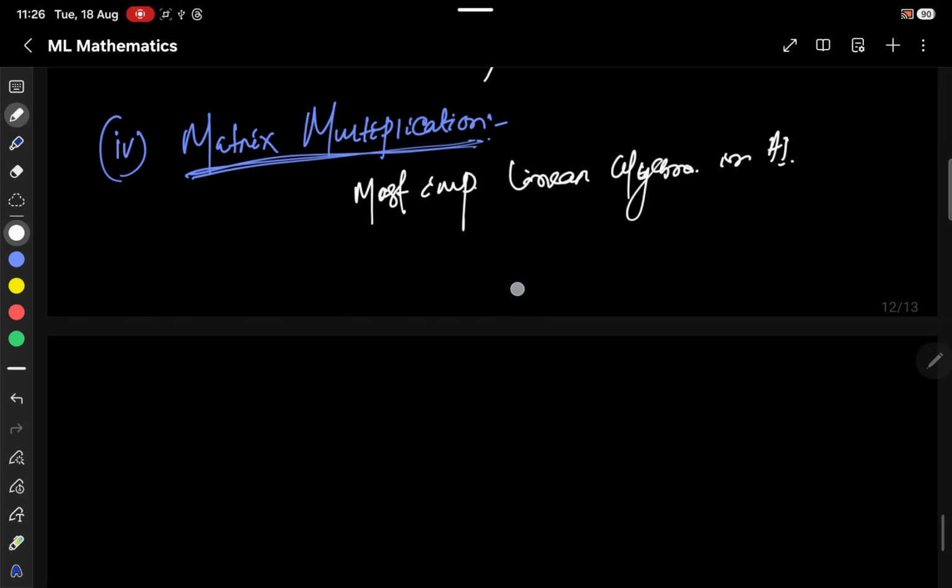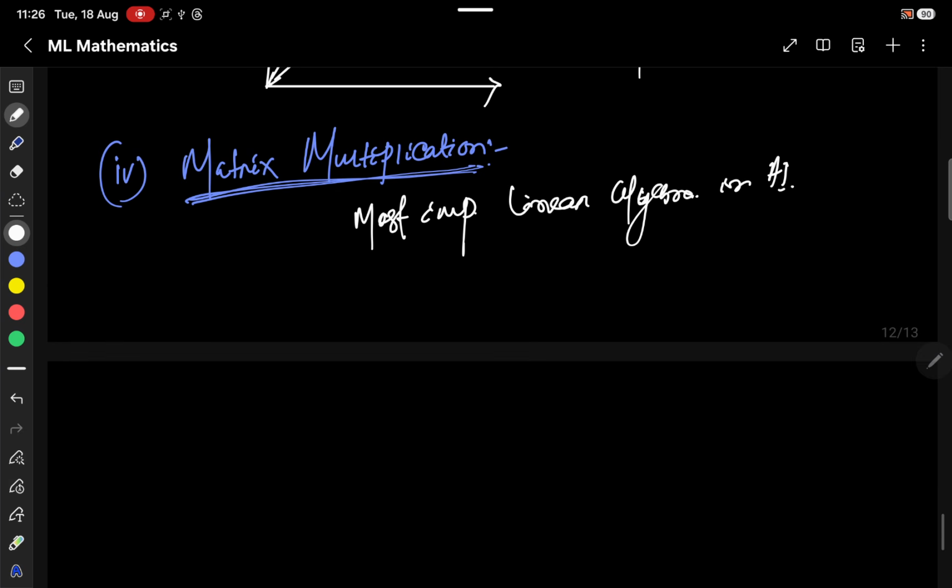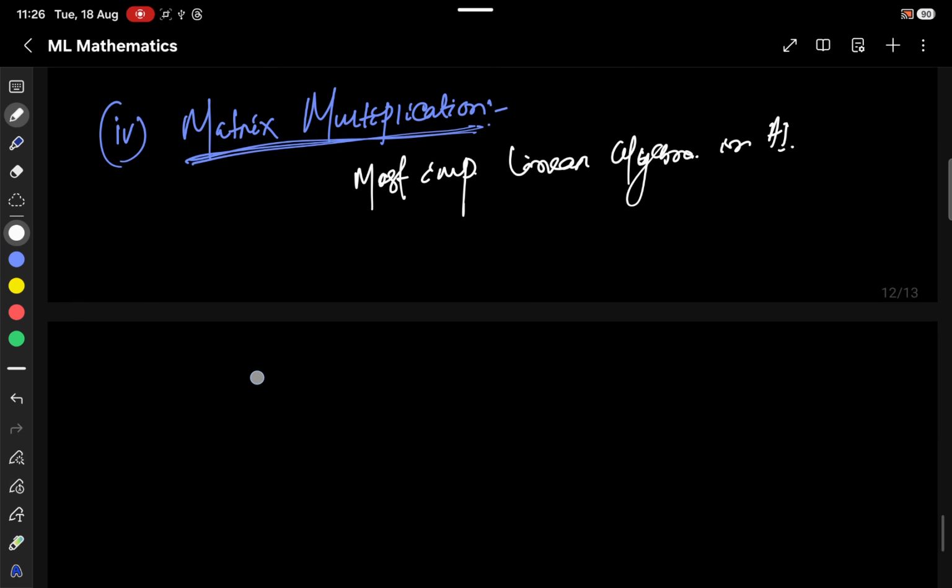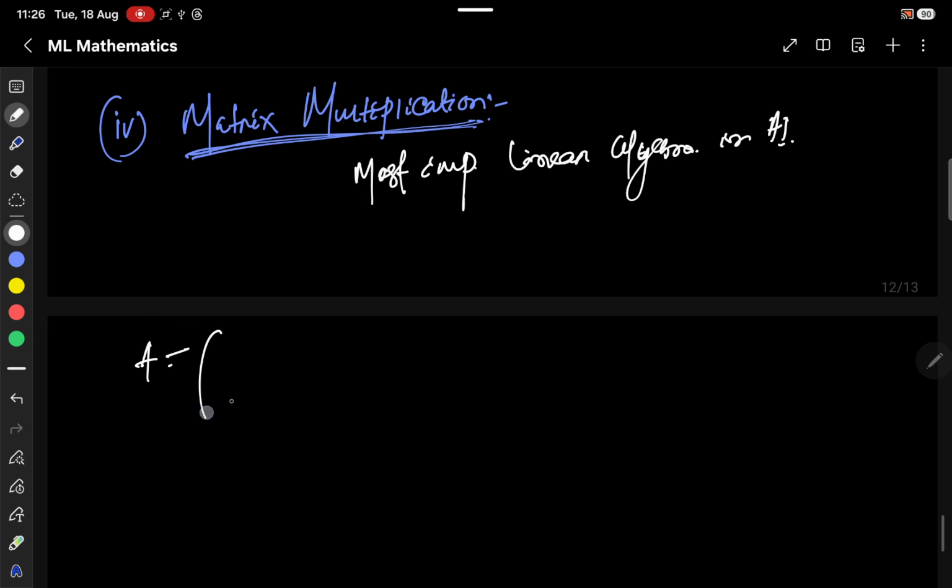So what is matrix multiplication? If you look closely, I have a matrix like this, 2 0 0 3, and a matrix B, which is 1 2 3 4.